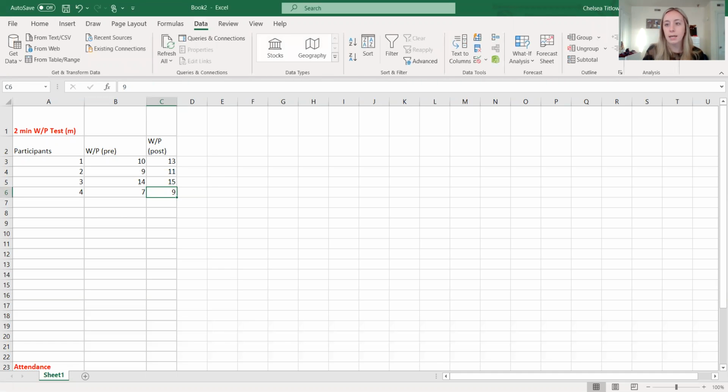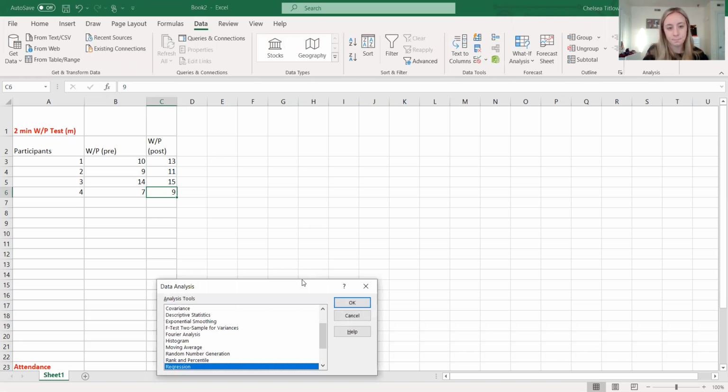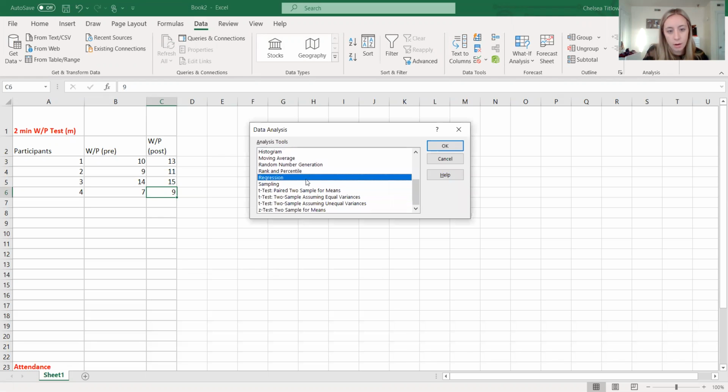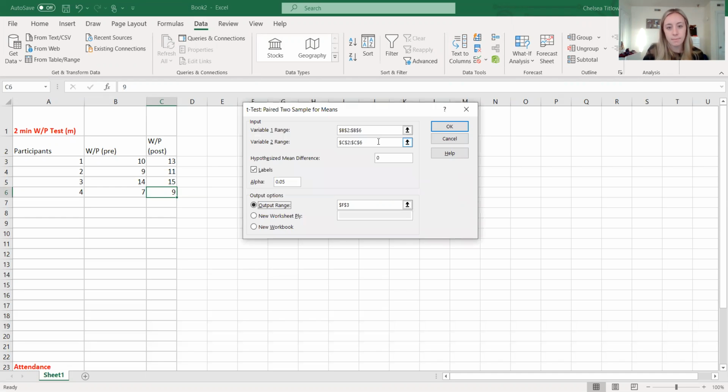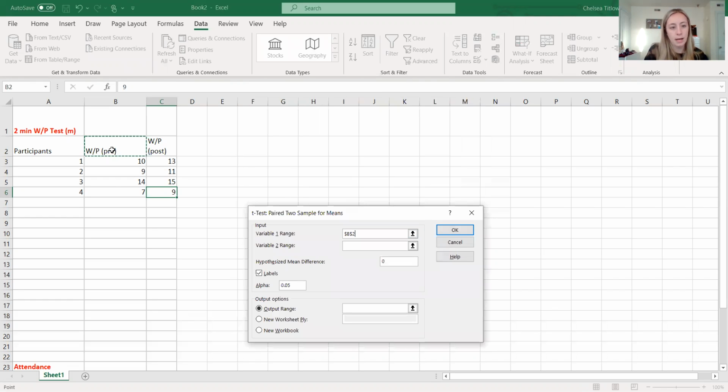So we'll go to data analysis. We'll go down to t-test. You want the paired two sample for means. We'll take out anything that's already in these blocks. For the variable 1 range, you want the pre-test; you'll highlight that, including the label. Then variable 2, you'll highlight that, also including the label.